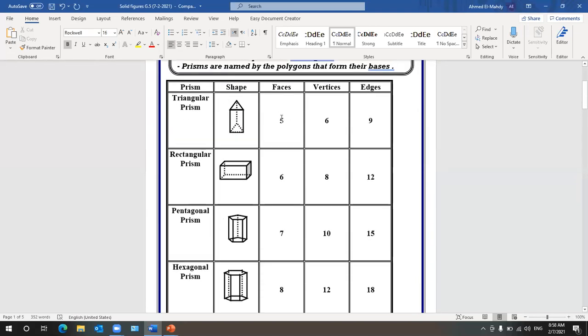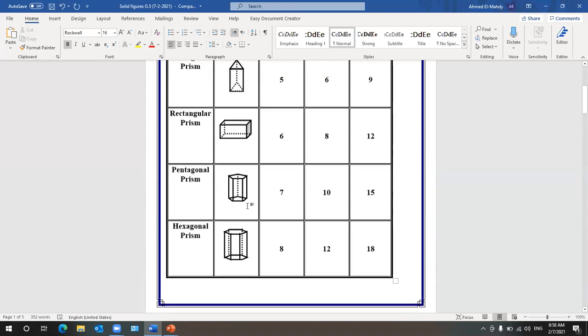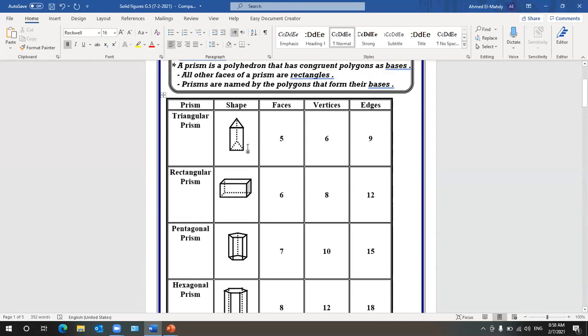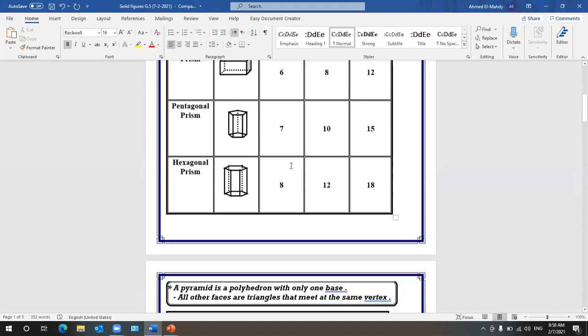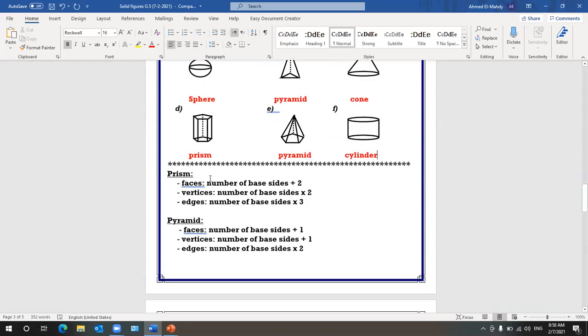This table has the number of faces and vertices and edges in each prism and in each pyramid. But I'll tell you an easy way to find it without keeping it from this table. How? Concentrate. It's very important. Listen to me.